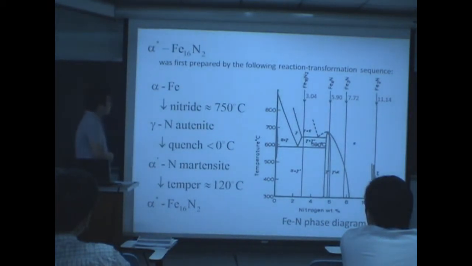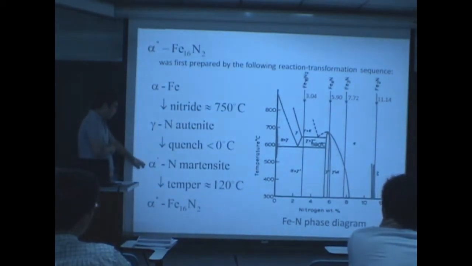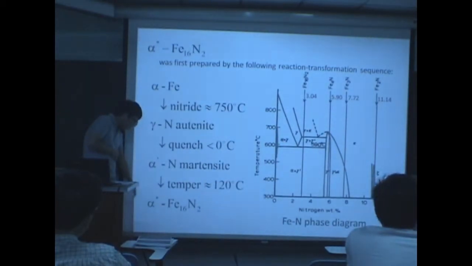On the left-hand side, there is a general way to obtain the alpha-double-prime phase. First, pure iron is nitrided, and then the system is quenched to low temperature. Finally, martensite is tempered to obtain the alpha-double-prime.